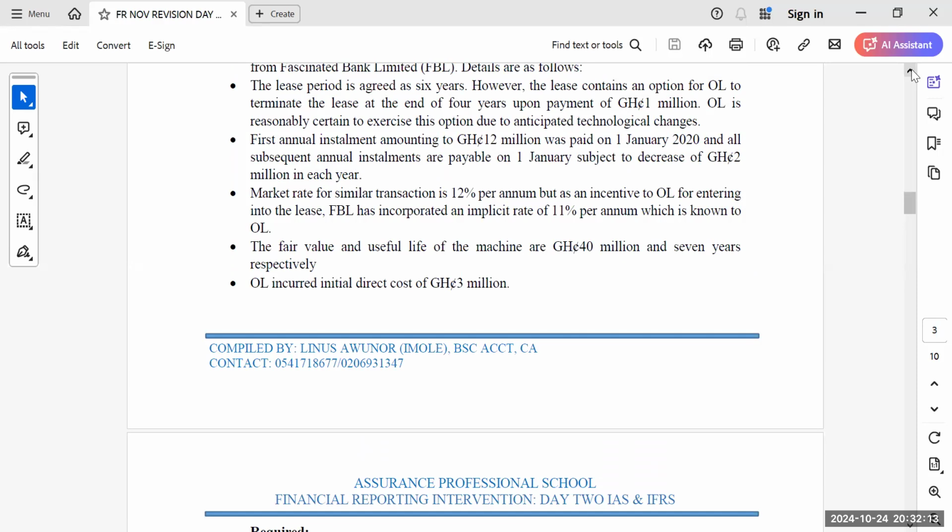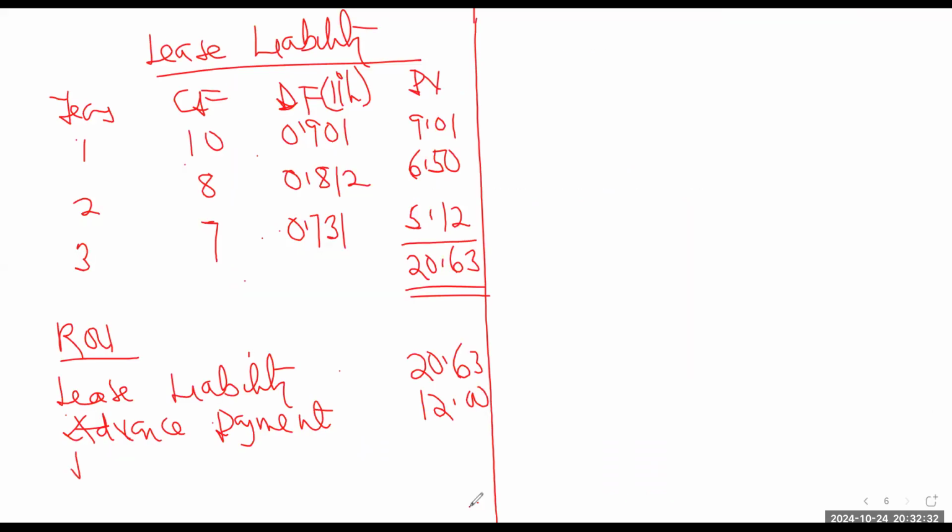It's just like any other direct cost under IAS 16, but they just put it together to name it direct cost. So it can be installation cost, delivery cost, or other costs that are necessary to bring the asset to the state that it will be ready for use. So what we do is we add that particular cost to the initial value of the item. So our direct cost will now be 3 million, isn't it?